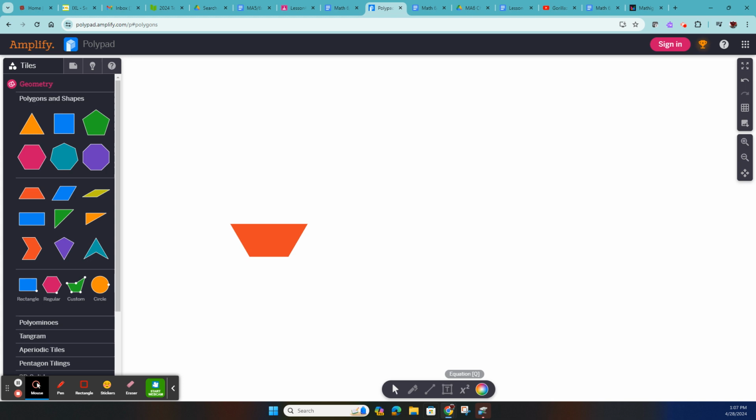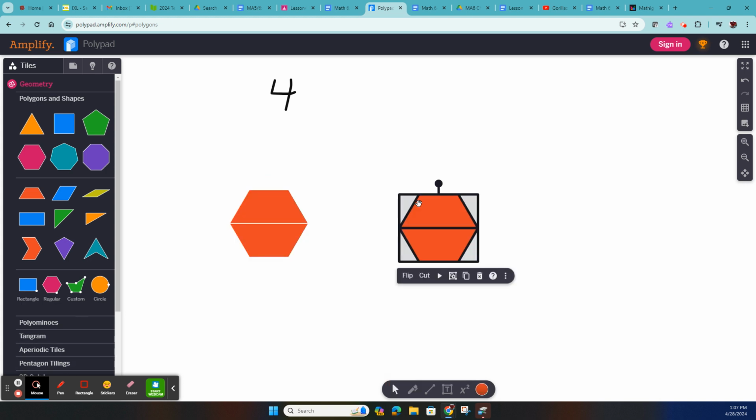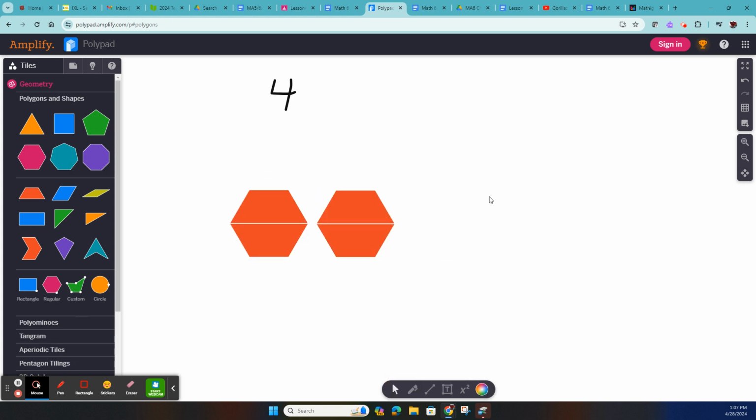Holy smokes. Well, we have to remember when we have half of anything, all it takes is 2 of them to make a whole. Okay, so if I had the number 4 and they said, hey, you have 4 halves. Cool. I know that is going to give me a whole number because each half has a partner and it makes a whole, right?